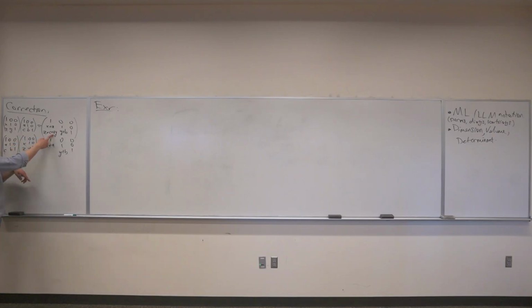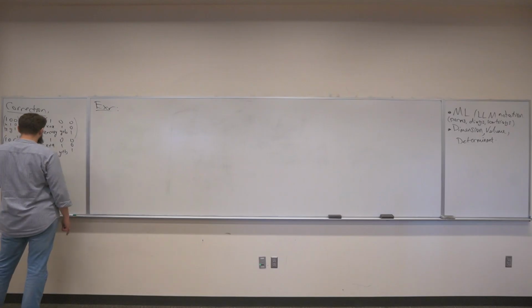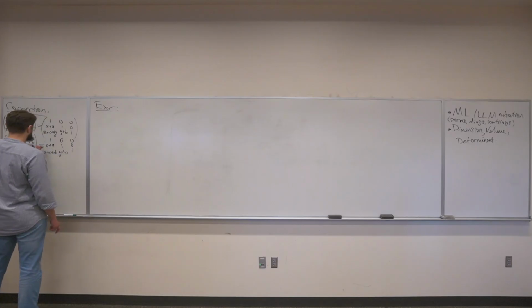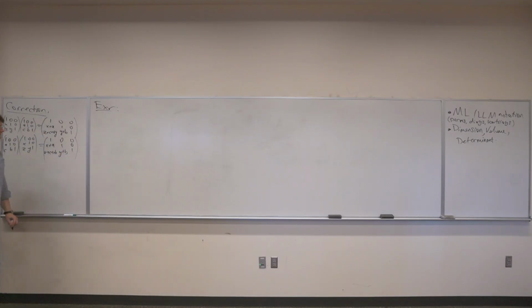So you see this, instead of ay, I have xb. Meaning, in general, if you take two lower triangulars, the order in which you multiply them is going to matter. Okay. And that's the only difference, really.